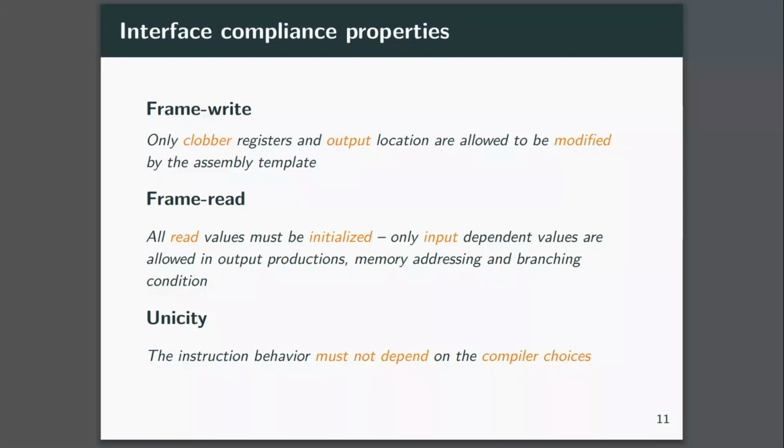The unicity is more subtle because, in fact, the unicity condition ensures that whatever the choice between the actual operands the compiler has chosen, for example, if it has a choice between two registers EAX and EDX, then whatever the choice it made, the assembly chunk will have the same behavior.